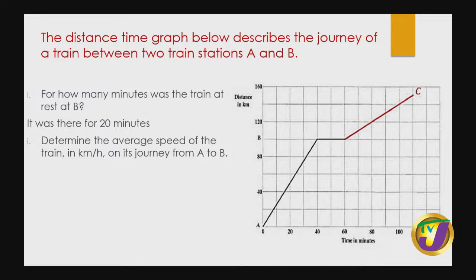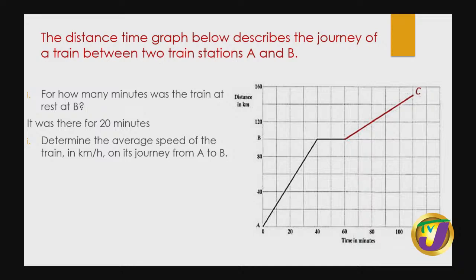Or we could identify B on the graph and move across horizontally. It starts at 40 and ends at 60 minutes. If we do the subtraction, 60 minus 40 will also give us 20 minutes.